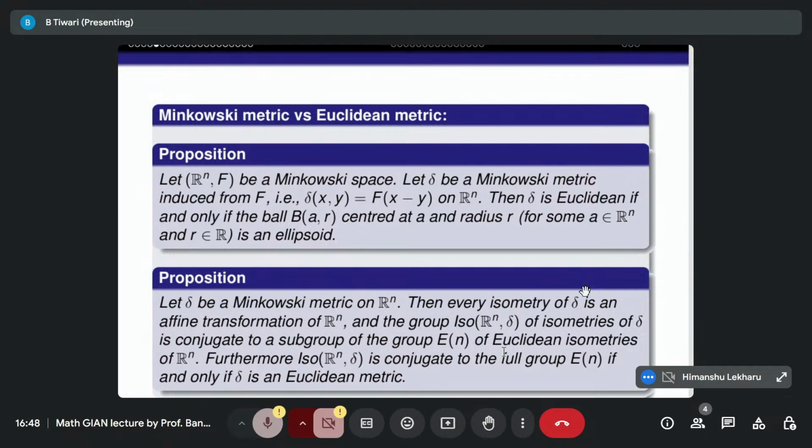So your delta becomes Euclidean if and only if its isometry group is conjugate to the full group E(n) of Euclidean isometries. This is the distinction by which you can differentiate a Minkowski metric from a Euclidean metric.